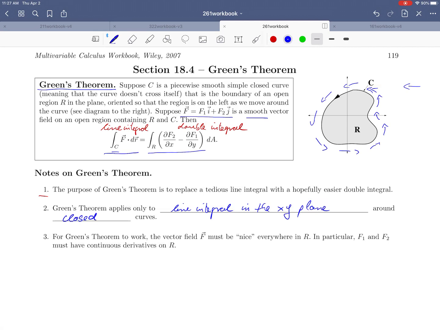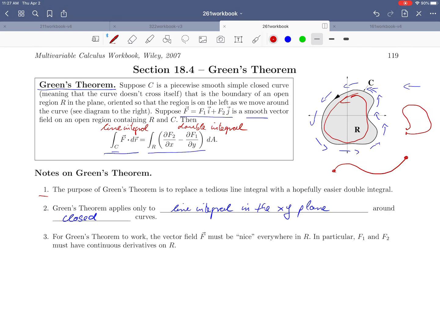So just as in our picture right here, it's closed, right? If we have something that starts somewhere and ends somewhere else, we can't use it. If it's something that has a hole, we can't use it. So it really has to be around a closed curve.